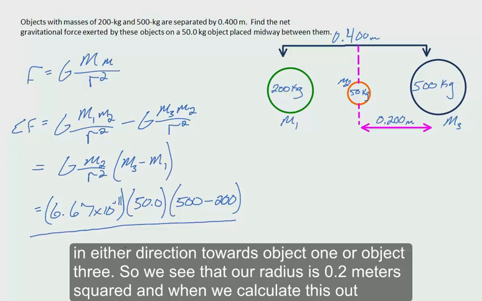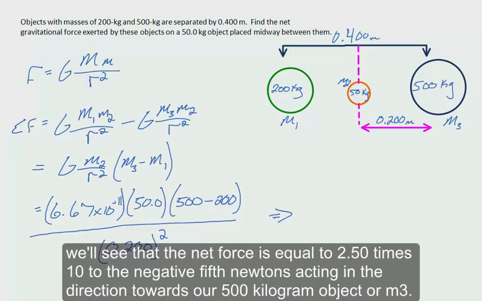So we see that our radius is 0.2 meters squared. And when we calculate this out, we'll see that the net force is equal to 2.50 times 10 to the negative 5th newtons, acting in the direction towards our 500 kilogram object, or M3.